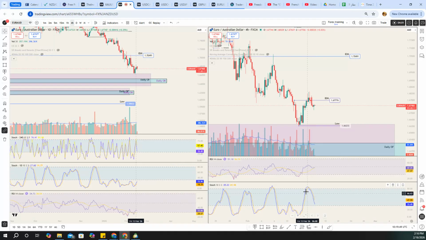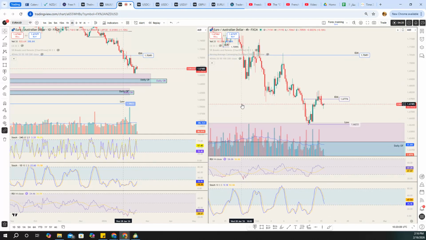And the 4-hour is going down as well. So this is still in the sell area, but flipped up. And the 4-hour is going down, but nearing the lower end.